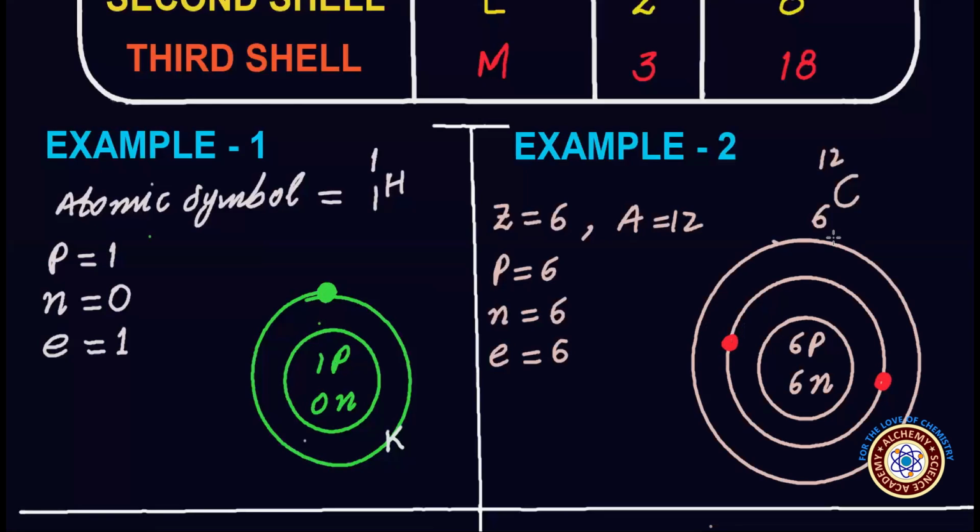This is the second shell, which would possess the remaining 4 electrons, say for example one here and one here. So for the carbon atom we have to draw 6 electrons, which we have already drawn. So for the carbon atom there are 2 electrons in the first shell, which is the K shell, and 4 electrons in the second shell, which is the L shell.